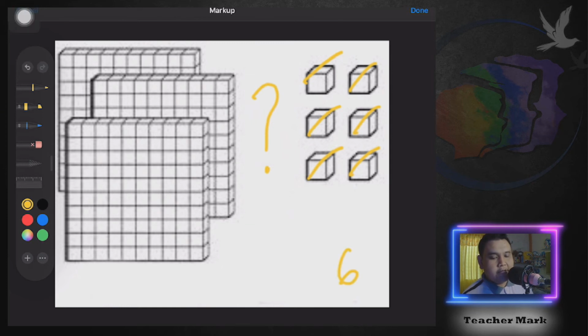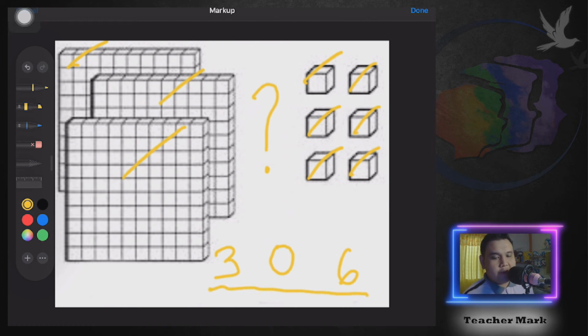Now, for tens, as what I've pointed out earlier, we don't have anything in the tens place, which means our unit for tens place is 0. Now, how about for hundreds place? We have 1, 2, 3. That's a total of 3 units for hundreds place. So, which means we can now read this number as 306.